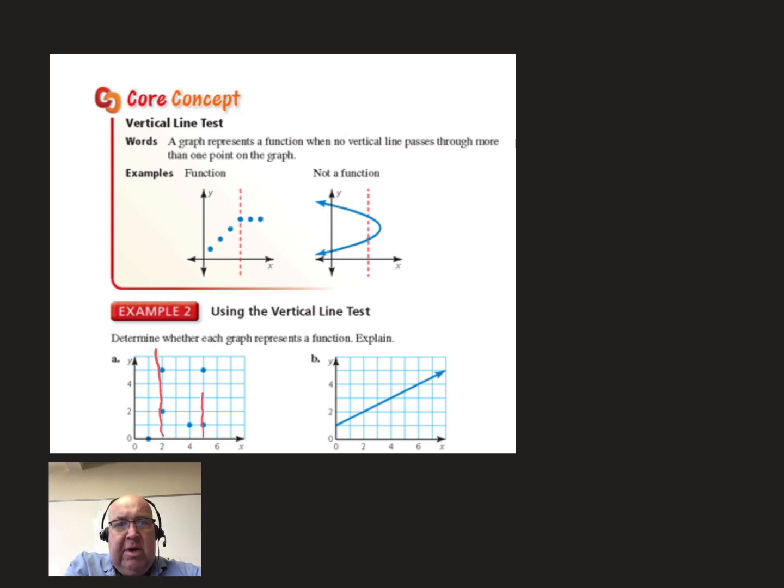The same for where x equals 5. That's not a function. Looking at the line to the right, there's no vertical line that's going to pass through that more than once. So that's going to be a function.